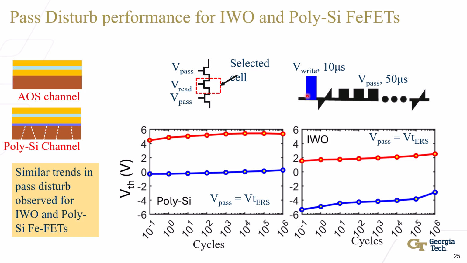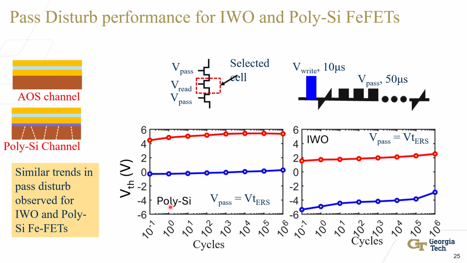We set the device in either the program state or the erased state, and we apply pass voltage cycling, where we apply a pass voltage equal to the highest VT value of the device and cycle it at 50 microseconds at a time.